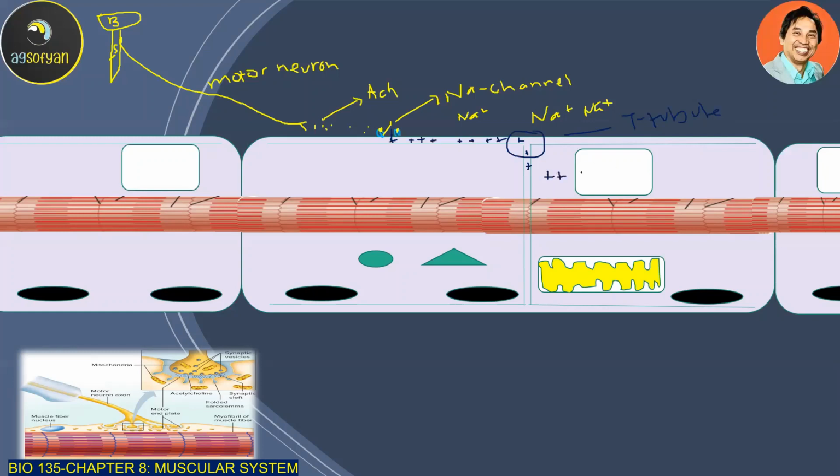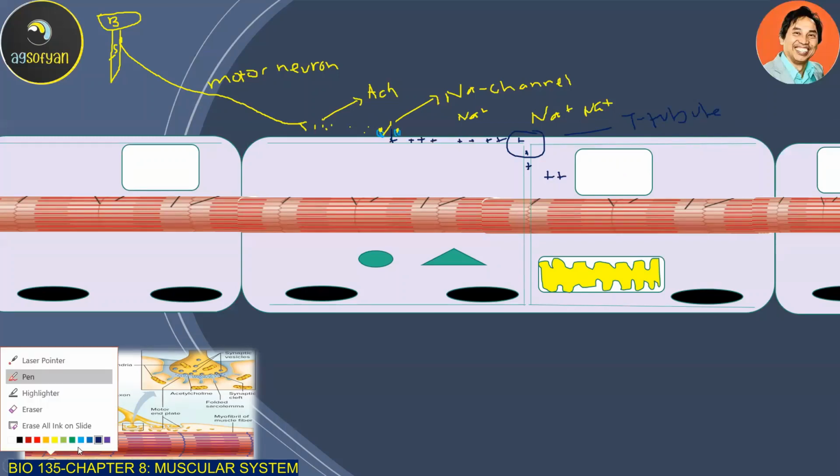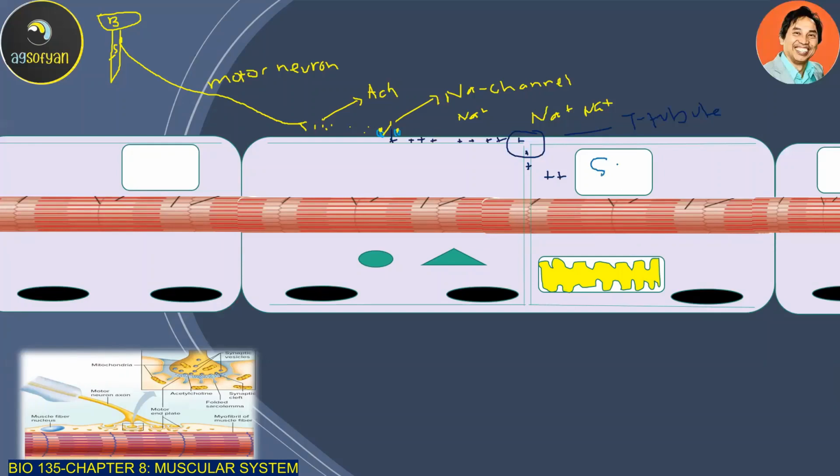Remember, inside here there is a sarcoplasmic reticulum, this is SR, with so much calcium in it, because this is calcium storage, right? So when the sodium enters into the sarcoplasm, it will trigger the opening of the calcium channel.